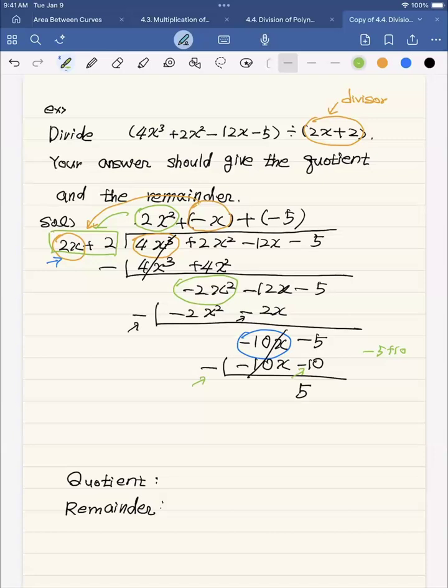We know that this one is the divisor because that is what we divided by. And we know that this one is the quotient. And this one is the remainder.